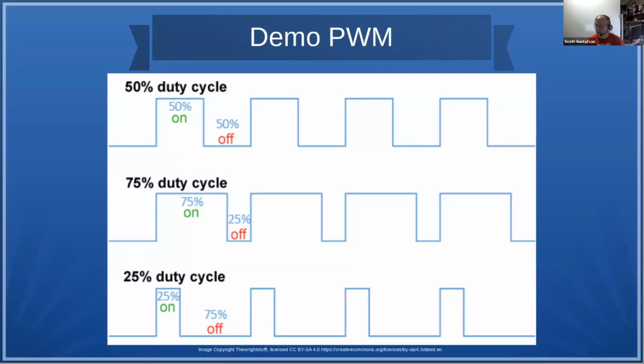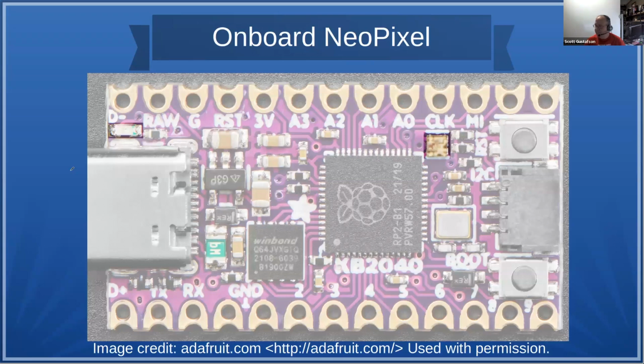All right. So one of the nice things about these is we have these other LEDs called NeoPixels. I believe that's an Adafruit licensed name that they invented, but basically it's an RGB LED.